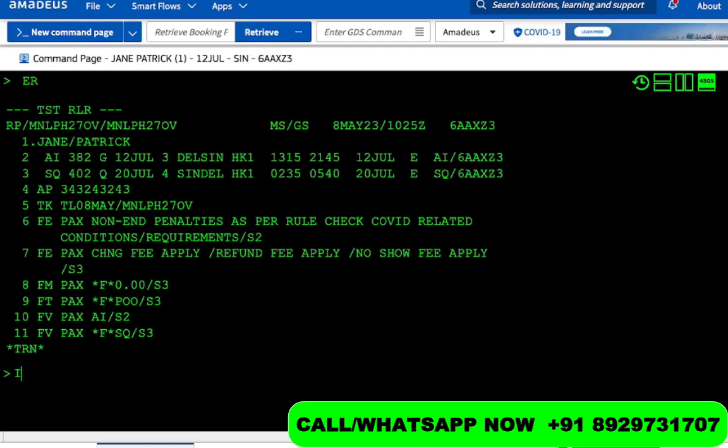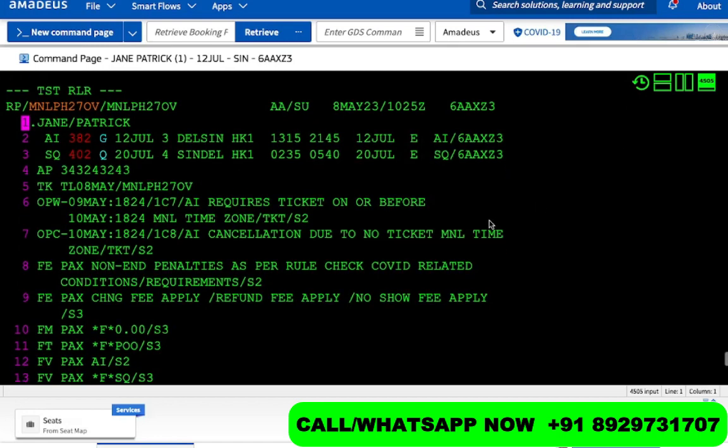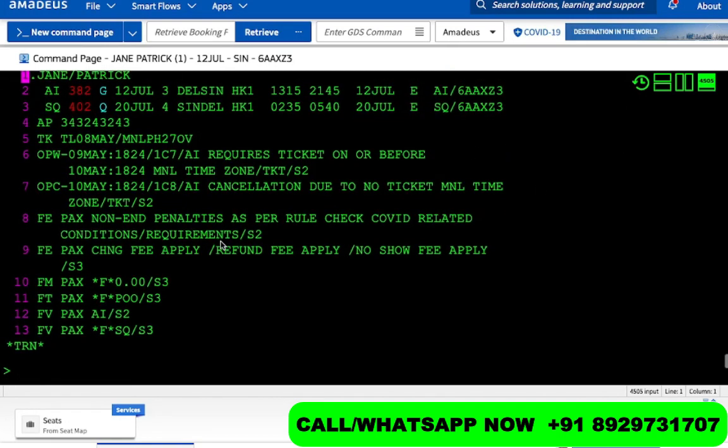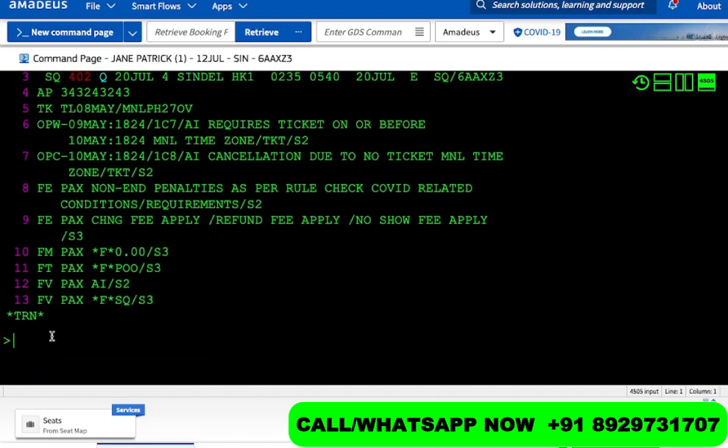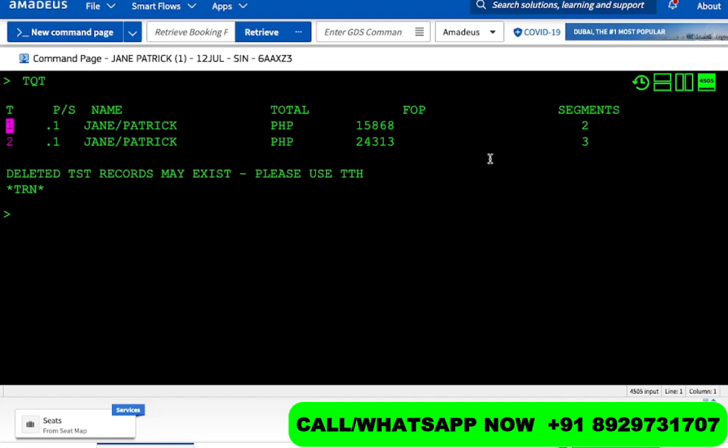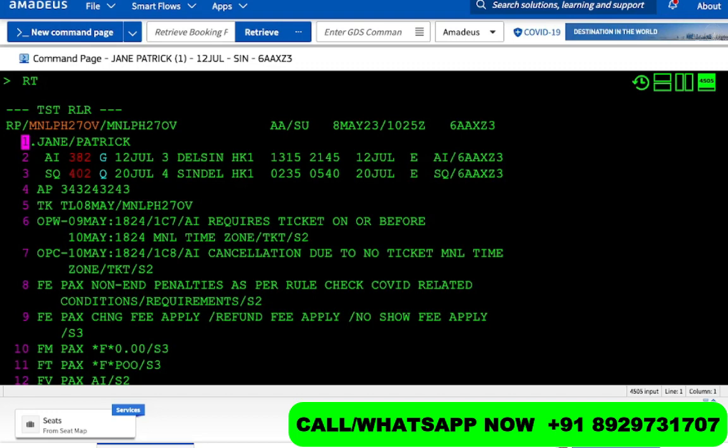Okay, and let's do IR, and here we have the PNR number. So this is how we can create a sector price reservation. How do we know that? Because when you do TQT, you will see segment 2 and segment 3, which means a separate ticket will be issued for Air India and a separate ticket for Singapore Airlines. So this is sector pricing.